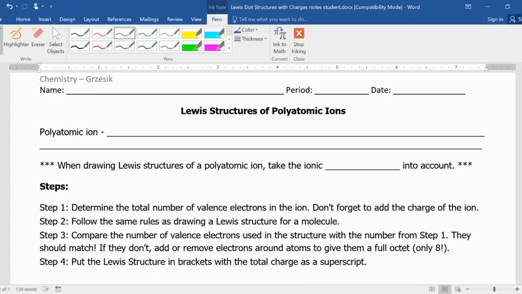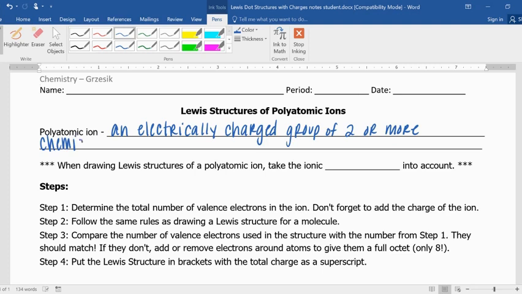And what it is, is an electrically charged group of two or more chemically bonded atoms that act as one unit.